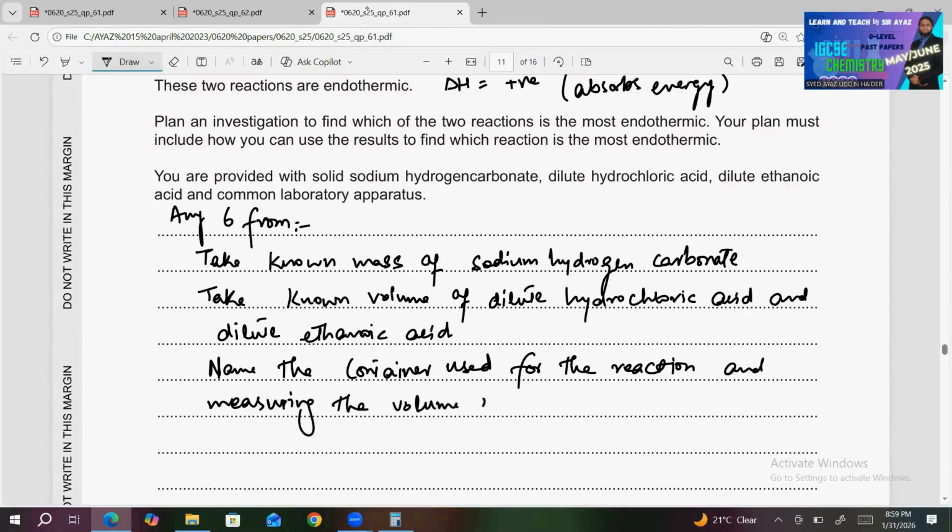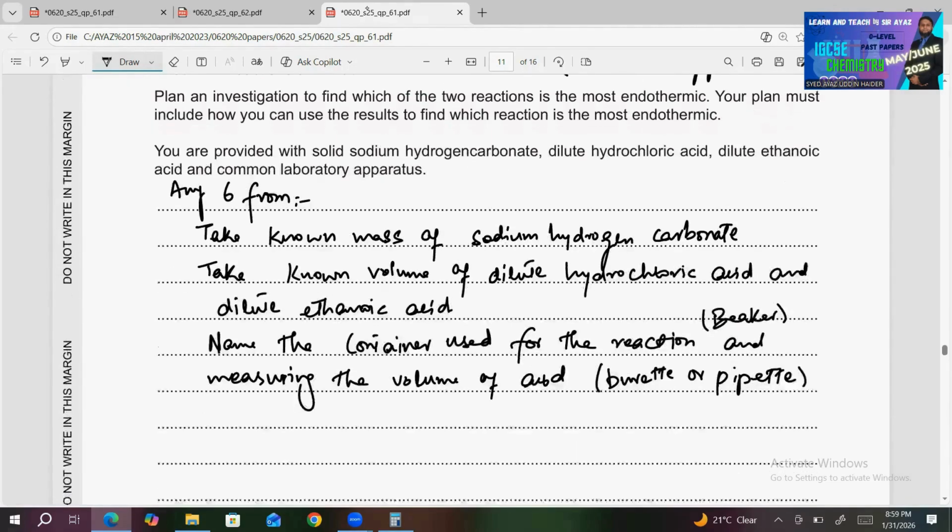So you are taking known volume. So definitely you need pipette or burette. Burette will be the best one here. Burette or pipette for this purpose. For the container used for the reaction, we can do this in a beaker. So you can write beaker for the container for the reaction.